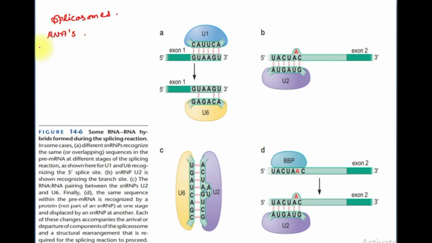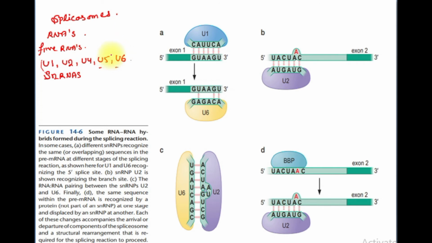There are five RNAs involved: the U1, U2, U4, U5 and U6 RNAs, which we can also write as snRNAs, small nuclear RNAs. So, U1, U2, U4, U5 and U6 are all RNAs.